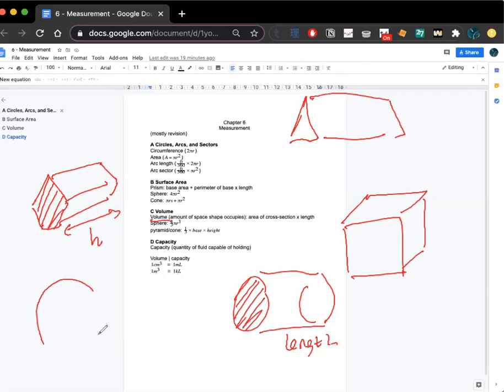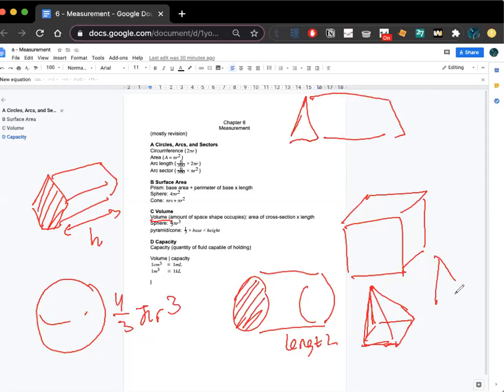And then for a sphere, they have a special volume, which is 4/3 times πr to the power of 3. For shapes like pyramids and cones, they have an edge on one side, but then they widen into their base, like this.